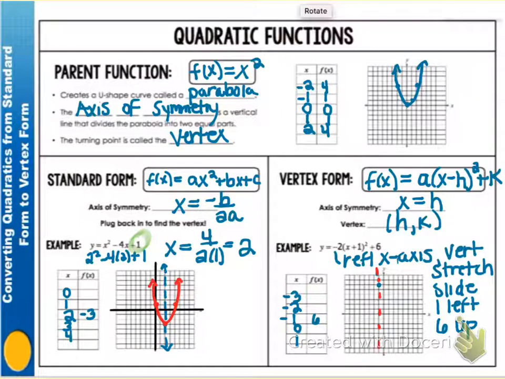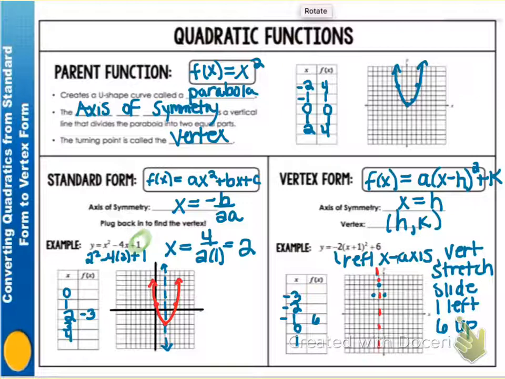Now, another idea about graphing is you could think about it as that 2 is stretching it vertically. So normally from the vertex on the parent graph, if you went to the right one, you would go up 1. But now instead, if I went to the right one, I'd go down 2, and then left 1 and down 2. Normally, if I went 2 to the right, I would have to go up 4 units, because when you square 2, you get 4. But now I know I'm going to have to go twice that.